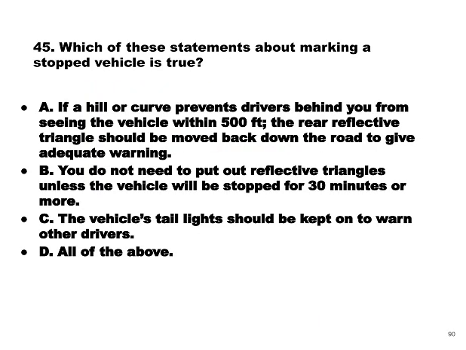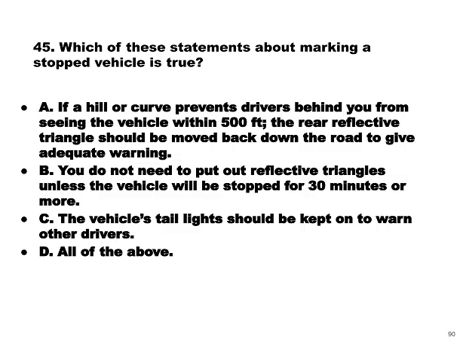Which of these statements about marking a stopped vehicle is true? A. If a hill or a curve prevents drivers behind you from seeing the vehicle within 500 feet, the rear reflective triangle should be moved back down the road to give adequate warning. B. You do not need to pull out reflective triangles unless the vehicle will be stopped for 30 minutes or more.